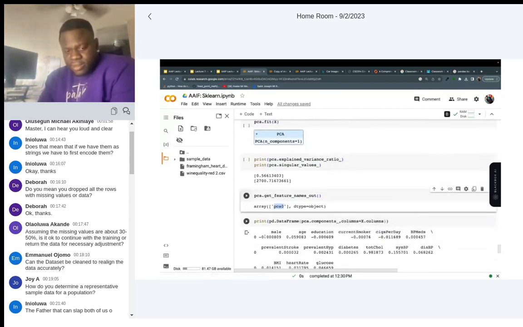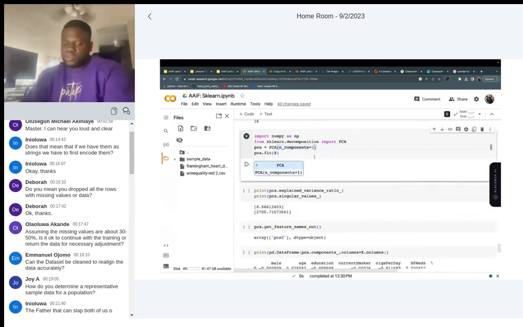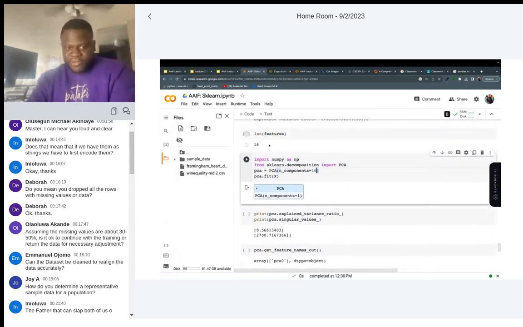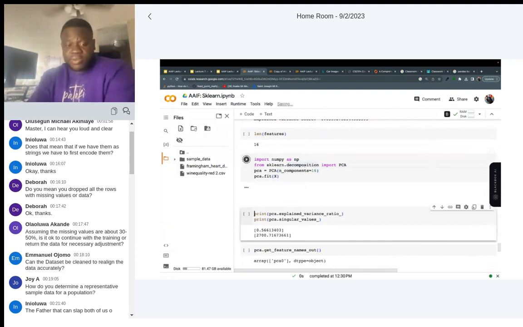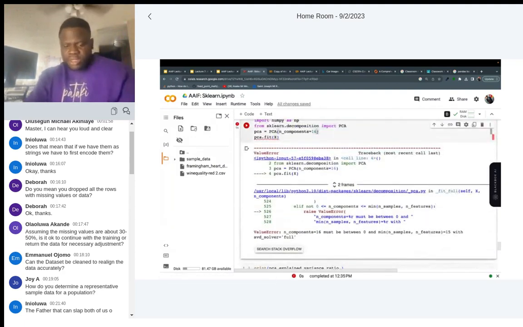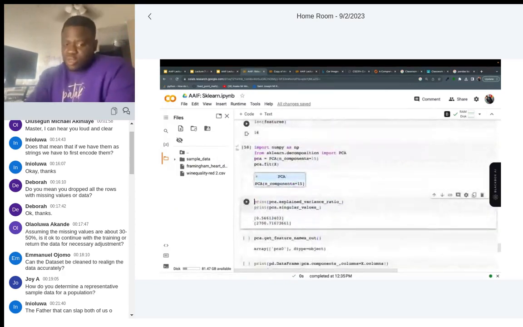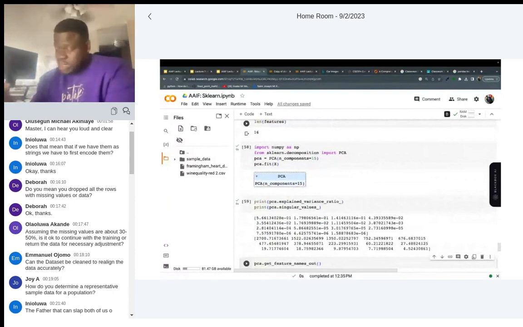This is just the syntax. You can change it. I want the number of components. You can do up to the length of the features. You can do up to 16 because the number of features is 16. Oof, sorry, 15. You can do up to 15. But it used to confuse me. I just used to do 1.